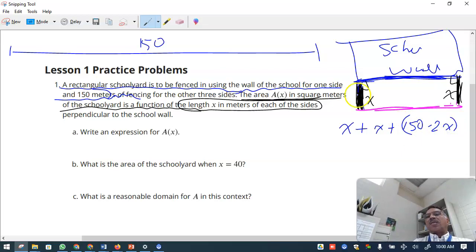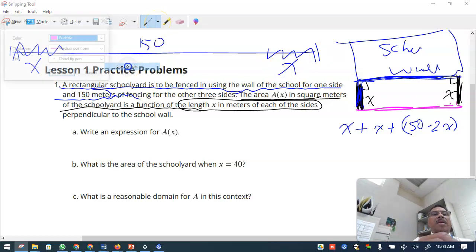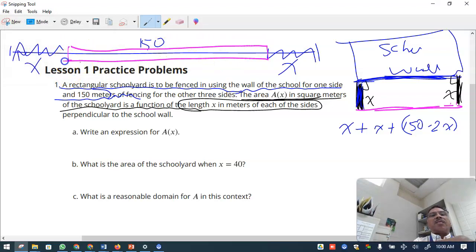Because x plus x is 2x. If this side is x and this side is x, what remains is this fence, which will be 150 minus 2x, correct?